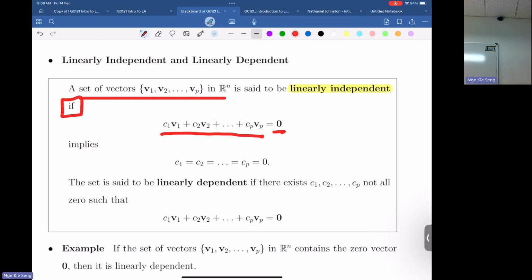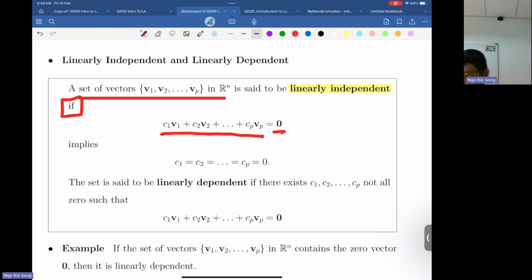Do you see that if I put 0 times v_1, 0 times v_2, up to 0 times v_p, you must get 0? So this is one of the solutions. If this is the only solution, then we say that this set v_1 to v_p is linearly independent. If there are more solutions such that not all of them are 0, then they are linearly dependent.